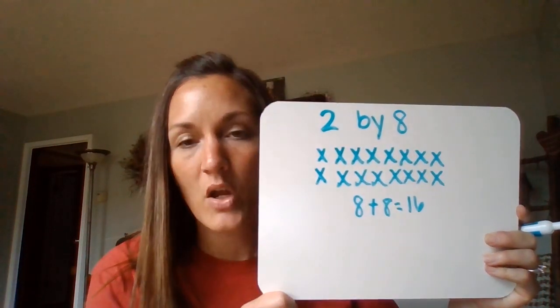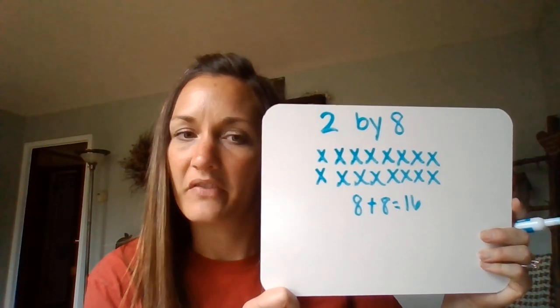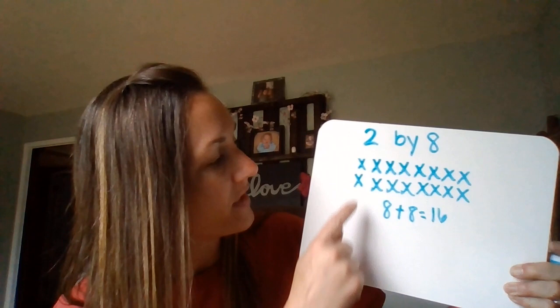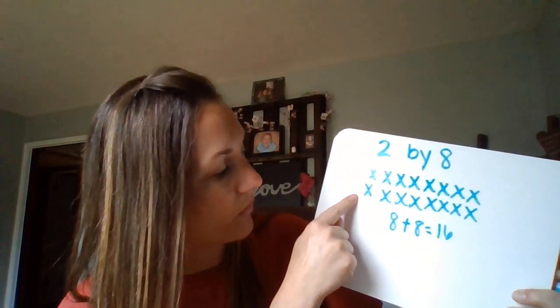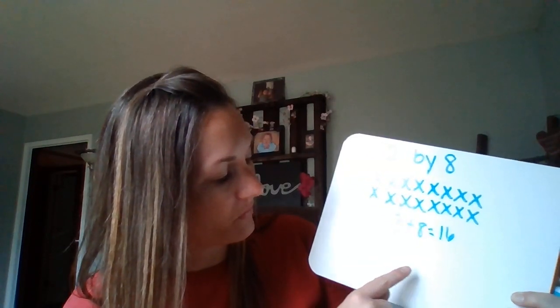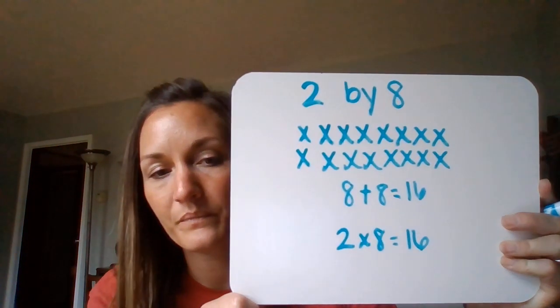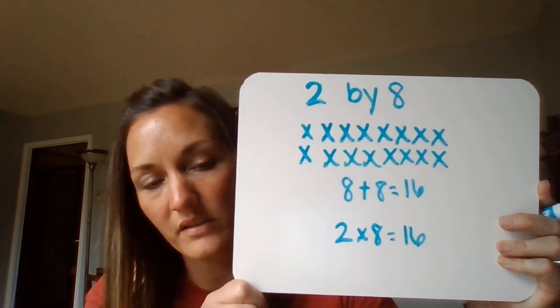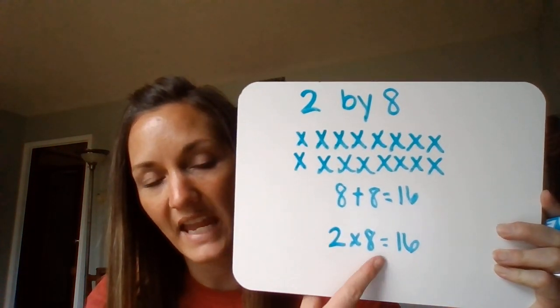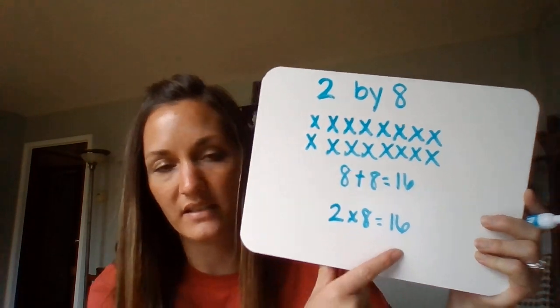If we have 8 plus 8 equals 16, what would be my multiplication fact? Well, let's look here. I still have 2 rows, and I have 8 in each row. So 2 times 8 would equal 16. There you can see 2 rows times 8 in each row equals 16.